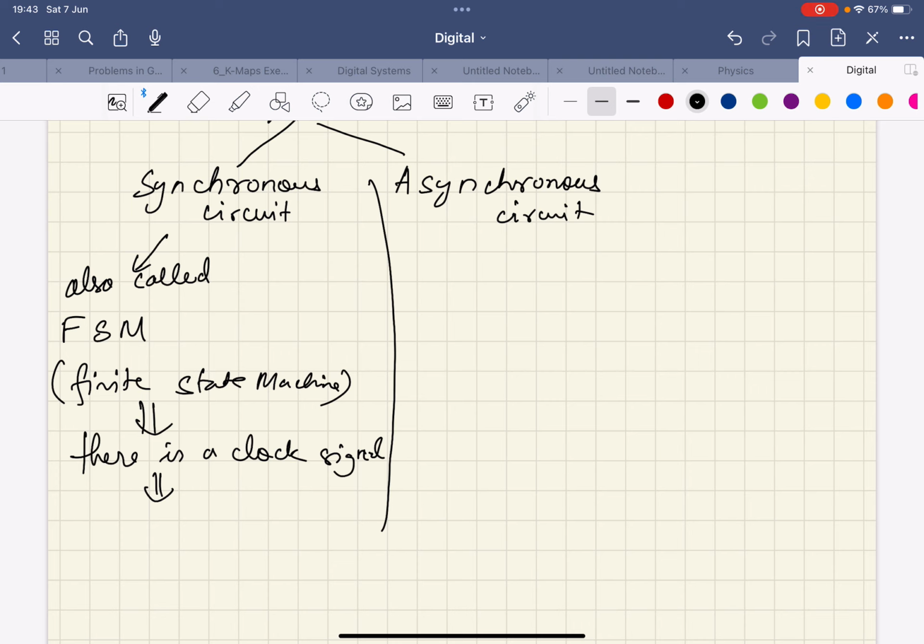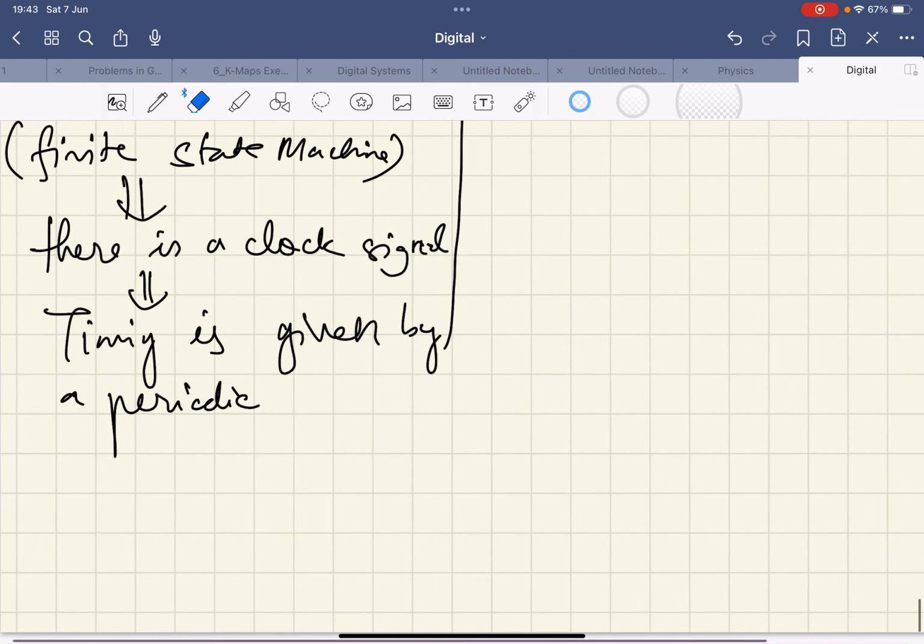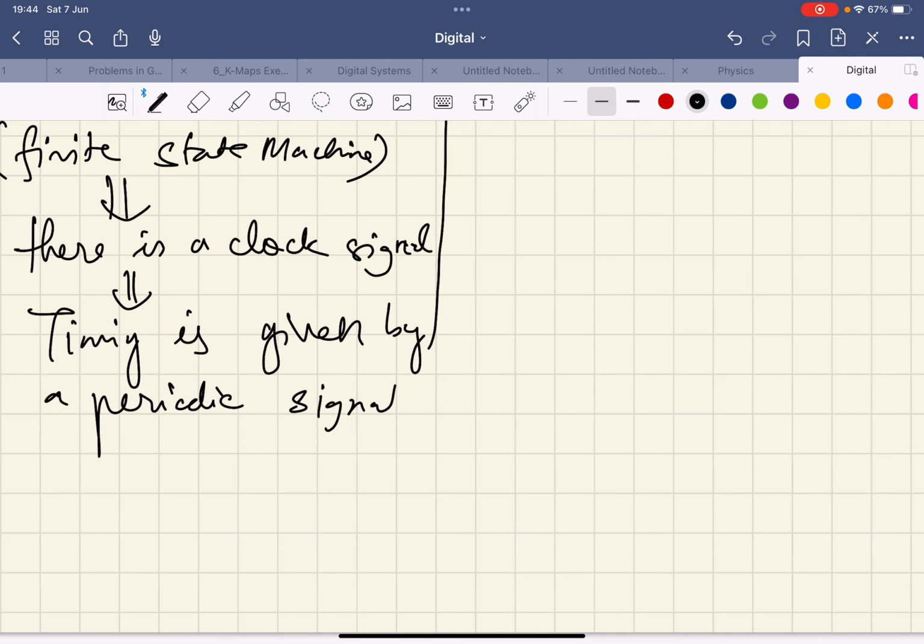Just imagine it works with a clock, tick tock like this. So timing is given by a periodic signal called the clock. Is it constant? No, it is not constant, it is periodic. I will draw this.